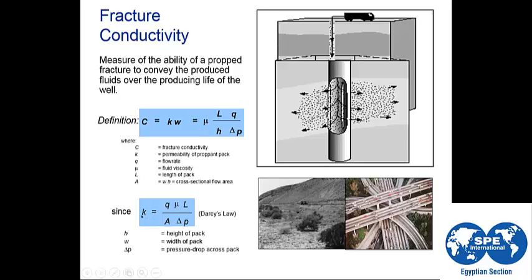Here we can apply the Darcy law to get the K value by multiplying Q and mu by L and dividing by A and delta P. It is the normal Darcy equation to have the fracture conductivity, or to use this equation to have the permeability of the proppant pack multiplied by the fracture width. Actually, this is the equation that we are using to calculate the proppant conductivity for the normal fracturing operation.